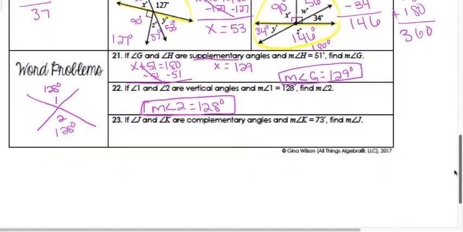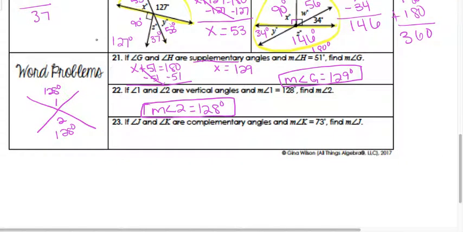Okay. Now, I'm going to erase again because I'm done with that one. Get my pen back out. Okay. This one says, if angle J and angle K are complementary angles, and the measurement of angle K is equal to 73 degrees, find the measure of angle J. Complementary angle.